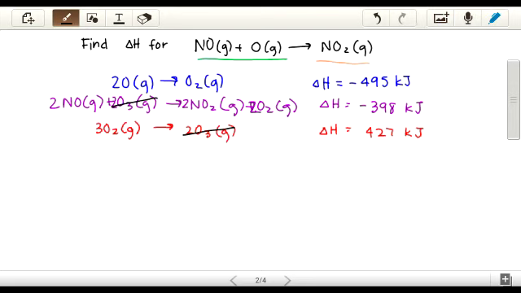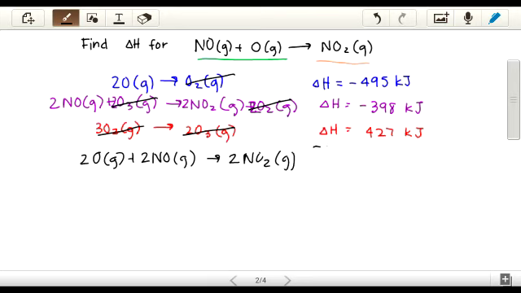The 302 and the 202 and the 102 will also cancel. And so you will end up getting 2O plus 2NO goes to 2NO2. And adding these three enthalpy changes up, you get negative 466 kilojoules.